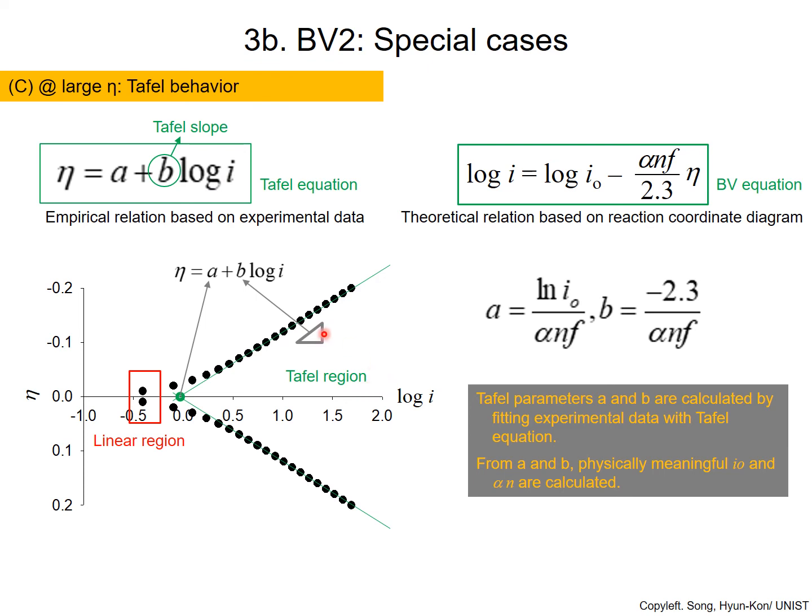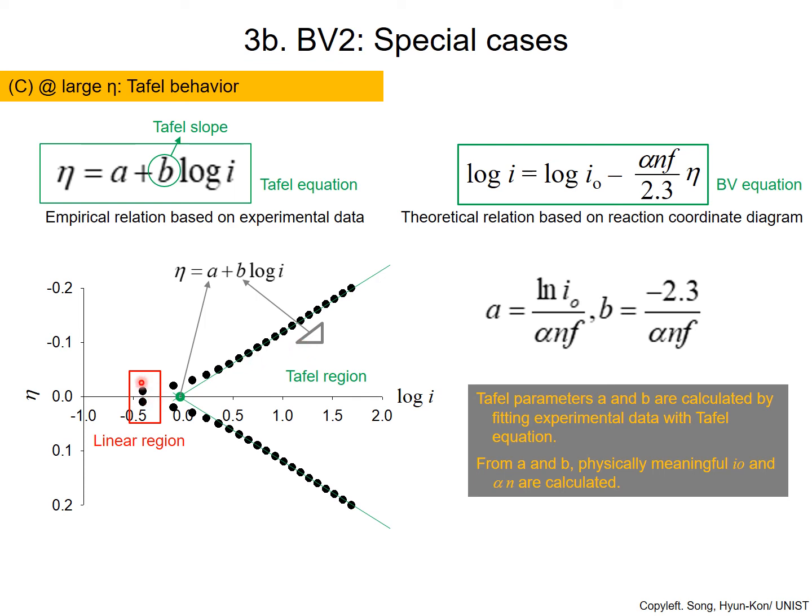In this case, the slope is going to be b, which is the Tafel slope, and the y-intercept is going to be a. Of course, the Tafel slope should be obtained from the Tafel region at high overpotential before reaching the mass transfer limited situation.